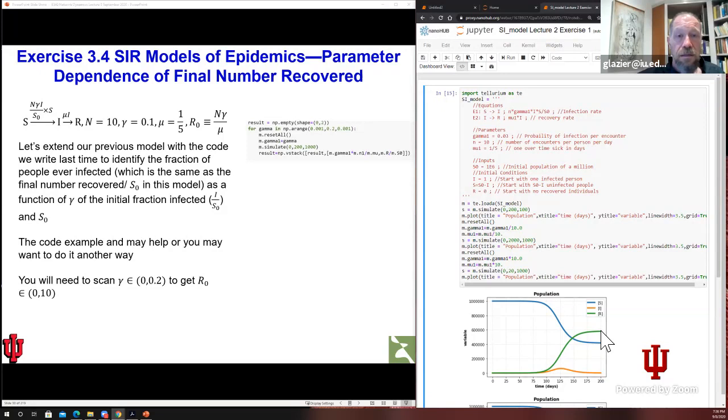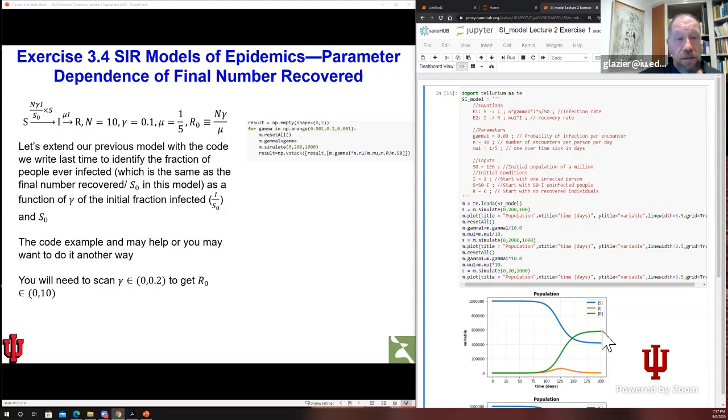Okay. So what I want you to do is write a little loop that changes the value of R naught. And after you've changed the value of R naught, you run the simulation for a while and calculate what the final percentage of people infected is.